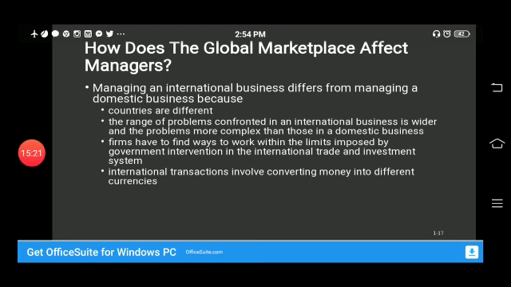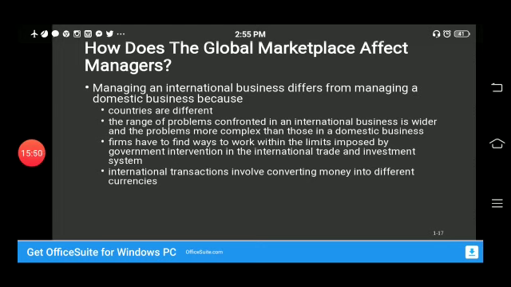What does all of this mean for companies? Well, it means that managing an international business, or any firm that engages in international trade or investment, will be different from managing a domestic business for several key reasons. First, countries differ.